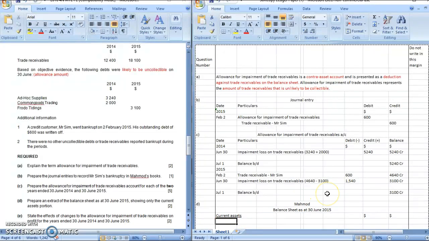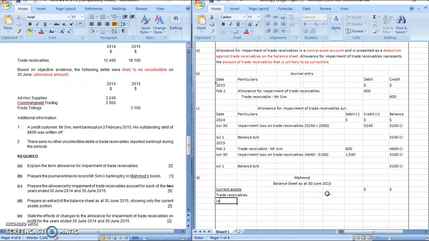So in the current assets section, to prepare the trade receivables portion, we always need to have the first line, trade receivables, and then less allowance, and finally we will have the ending title of net trade receivables.